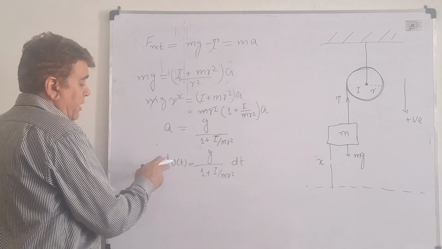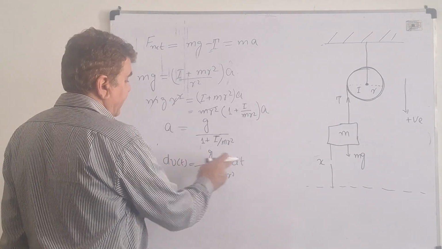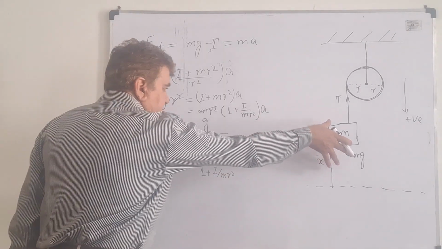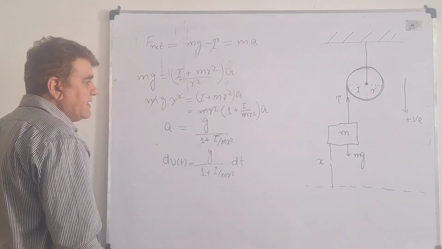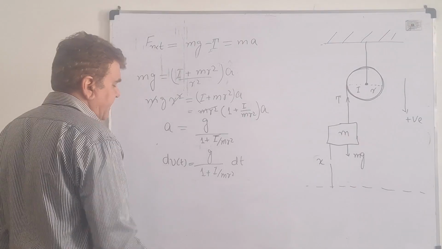So I should know about the initial condition, and I choose the initial condition such that at t equals 0, v is 0. That is, the system is just released from the static position.